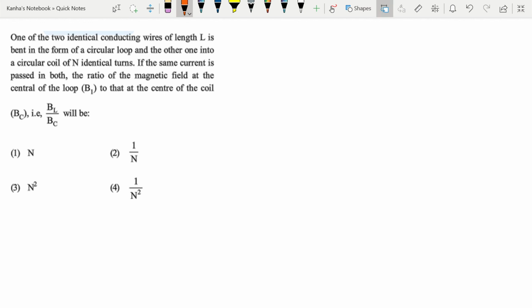First of all, we have a loop in orange. I'll make the smaller coil in green.